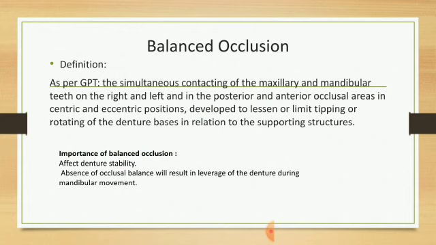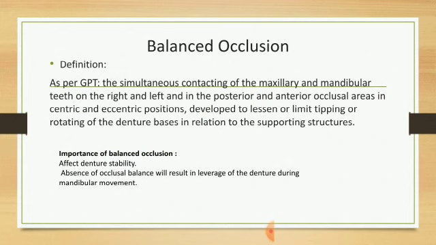You can learn the definition by breaking it, like the simultaneous contacting of maxillary and mandibular teeth, first part; right and left, second part; posterior and anterior occlusal areas, third part; centric and eccentric positions, fourth part; lessen or limit tipping or rotating, fifth part; and in relation to the supporting structures, sixth part. So accordingly, you can break the definition and you can remember it.